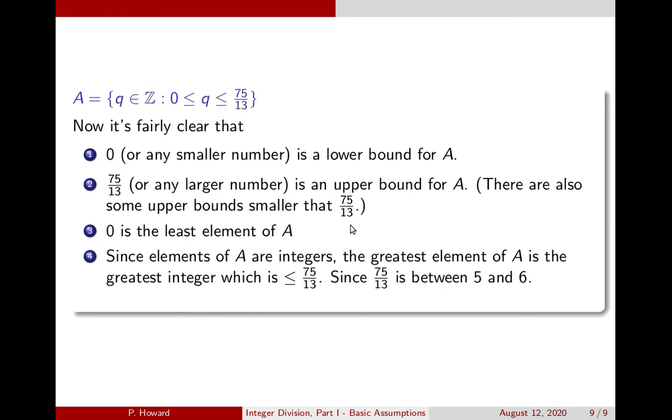Well, 75/13 is between 5 and 6, so it looks like 5 is the largest integer fulfilling this second inequality. Greatest element of A is 5. So this concludes our discussion of the basic assumptions that we will be making.